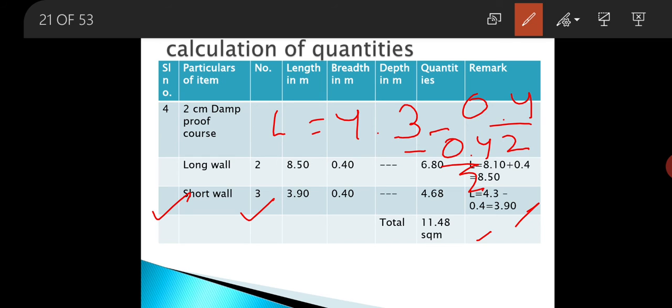So it will give you length as 3.9, breadth is 0.4. Then by multiplying all the 3 columns, you will get the quantity as 4.68 square meter. Then you will add the total quantity along long wall and short wall. So this will give you the total quantity of DPC as 11.48 square meter.